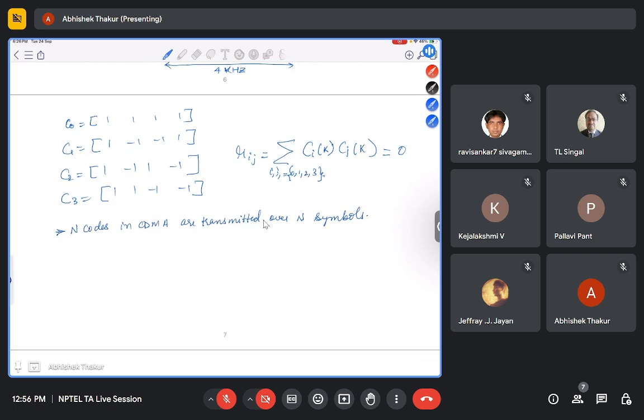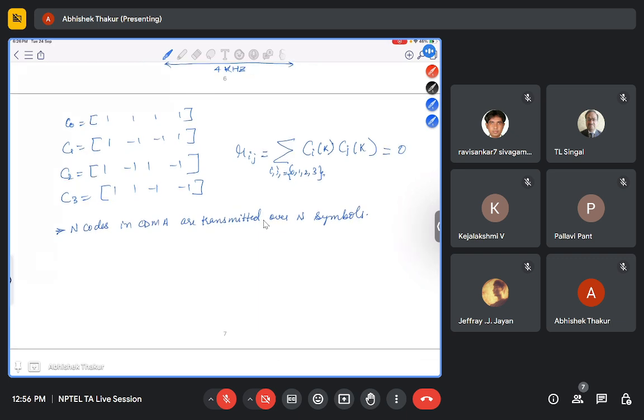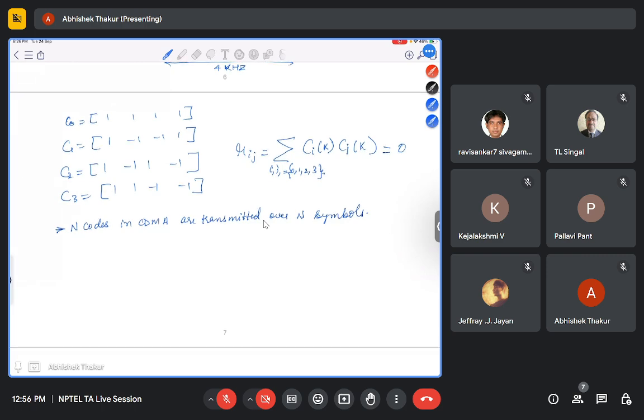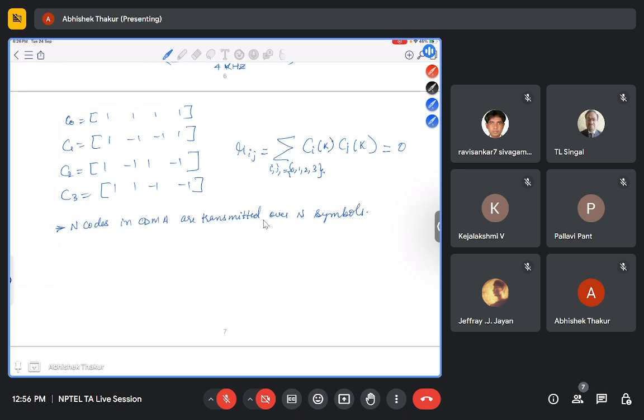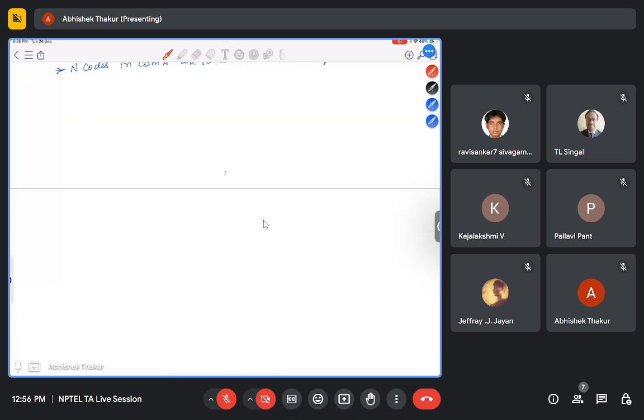Now in the lecture it has also been taught about the PN sequences. So we'll go through the concepts of PN sequences as well, like spreading codes based on pseudo noise sequences. Let's consider the code C2, that is 1 minus 1 1 minus 1.